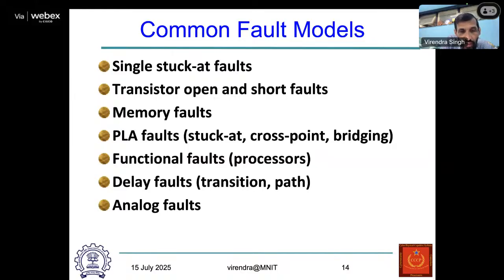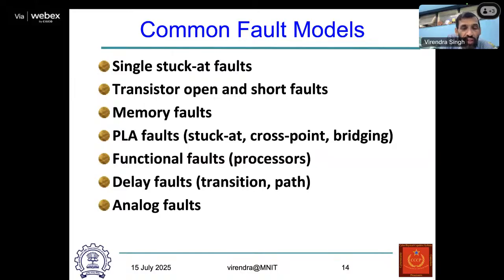And finally, if you design an SoC, it has a whole lot of digital circuitry that may consume several billions of transistors. However, a small portion on the chip would be analog circuits. And these analog circuits, like ADC, DAC, and some inputs coming from the sensors or something like that.